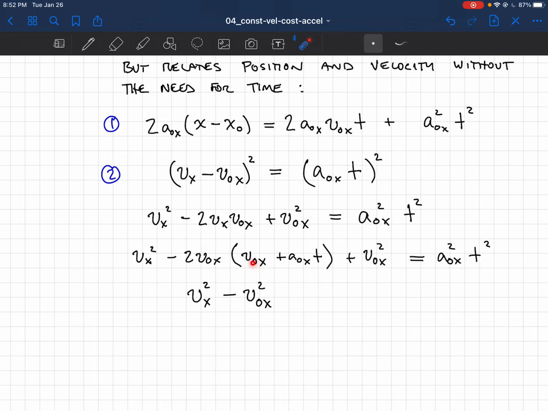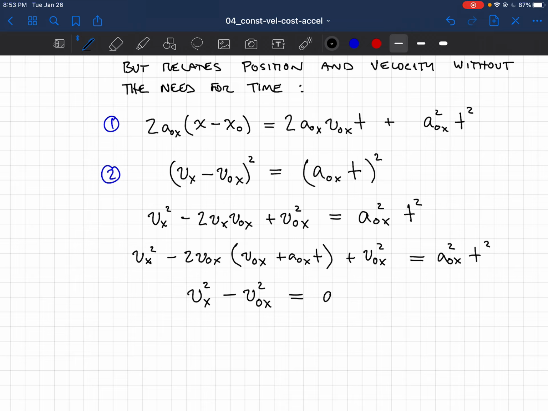So 2 v0x squared with a minus sign plus 1 positive gives me 1 negative. And then I also have minus 2 v0x a0x t, and I think I lost something here. I should have a t squared there, shouldn't I? Oh no, I don't.